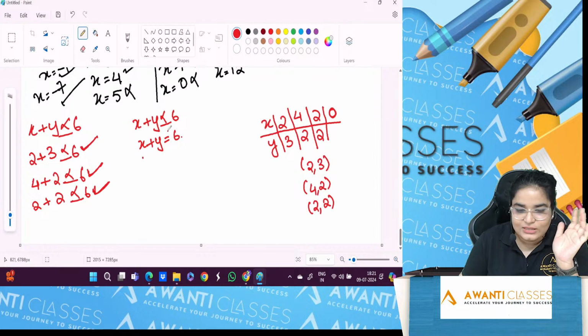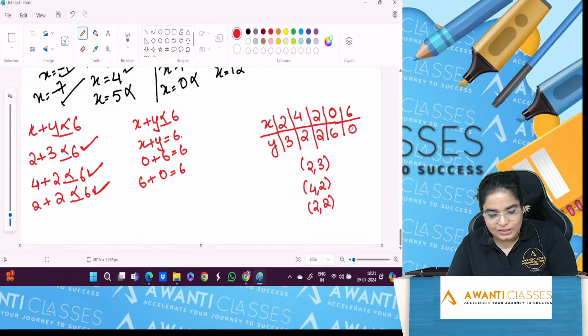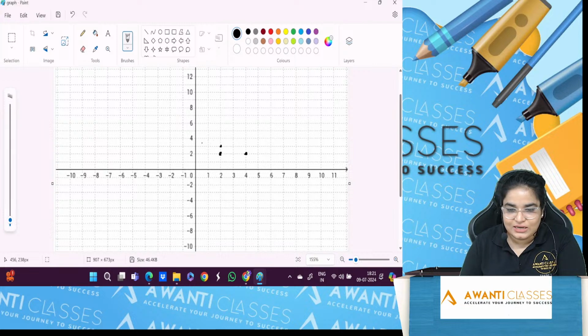So in this scenario, if x is 0, then y will be maximum 6. Similarly, if x is 6, y will be 0. Let us take these 2 points, 0 and 6, and 6 and 0.